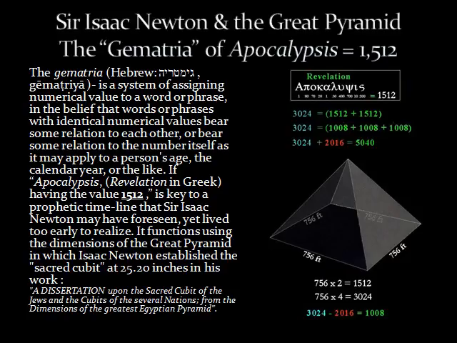it functions using the dimensions of the Great Pyramid, in which Isaac Newton established the sacred cubit at 25.20 inches in his work, taken from a dissertation upon the sacred cubit of the Jews and the cubits of the several nations from the dimensions of the greatest Egyptian pyramid.